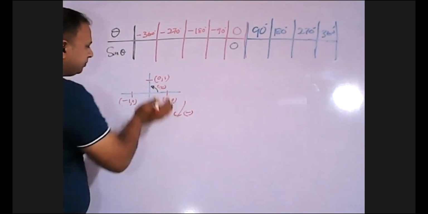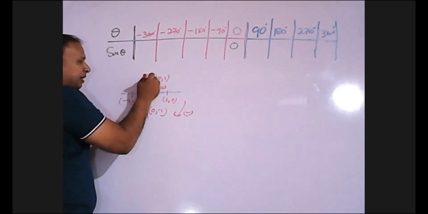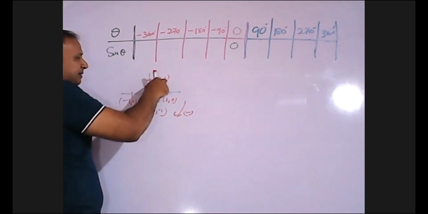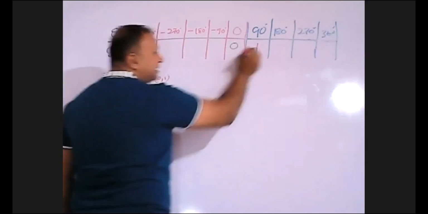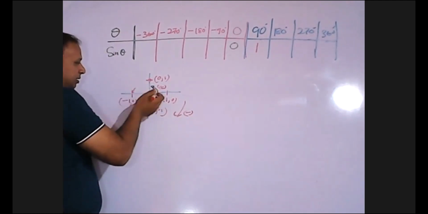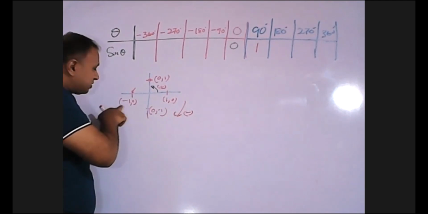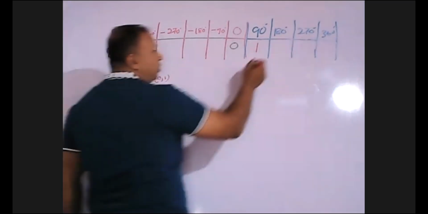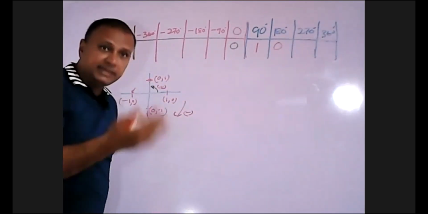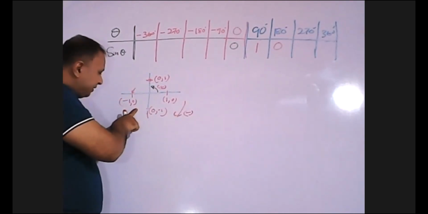So plus 90 belongs to this point. Therefore, sin 90 is equal to 1. Then plus 180. The y coordinate of plus 180 is equal to 0, because sin theta is equal to the y coordinate.